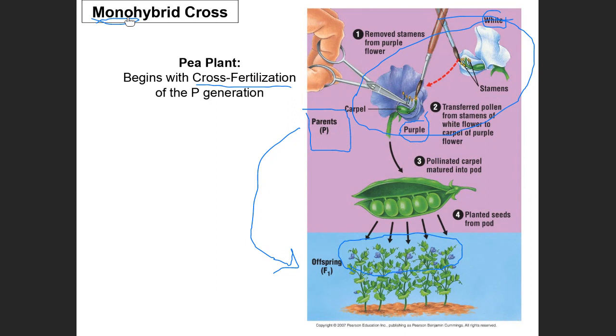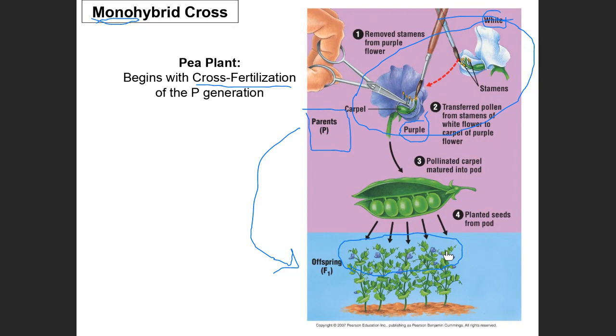What he discovered is when he cross-fertilized two separate pea plants, one that produced purple flowers and one that produced white flowers, it always produced an F1 generation of offspring that only grew purple flowers. Well, this is a catch, okay?